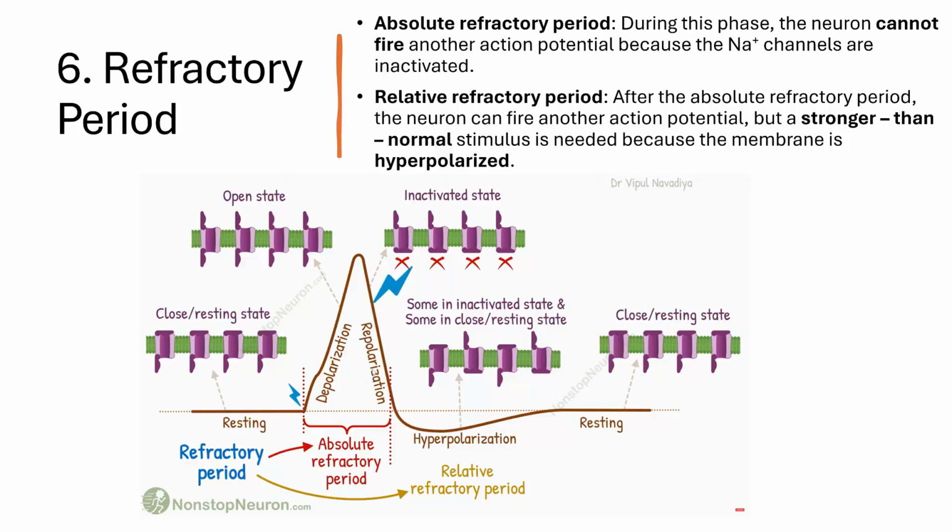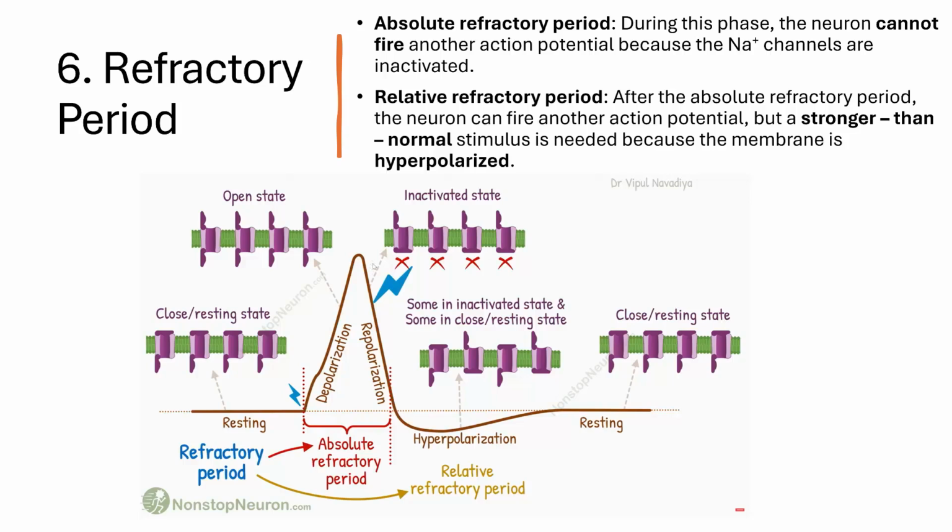During the absolute refractory period, the neuron cannot fire another action potential because the sodium channels are inactivated. No matter how large the input is, we do not have another action potential. During the relative refractory period, we may have a second action potential, but it is more difficult to generate.